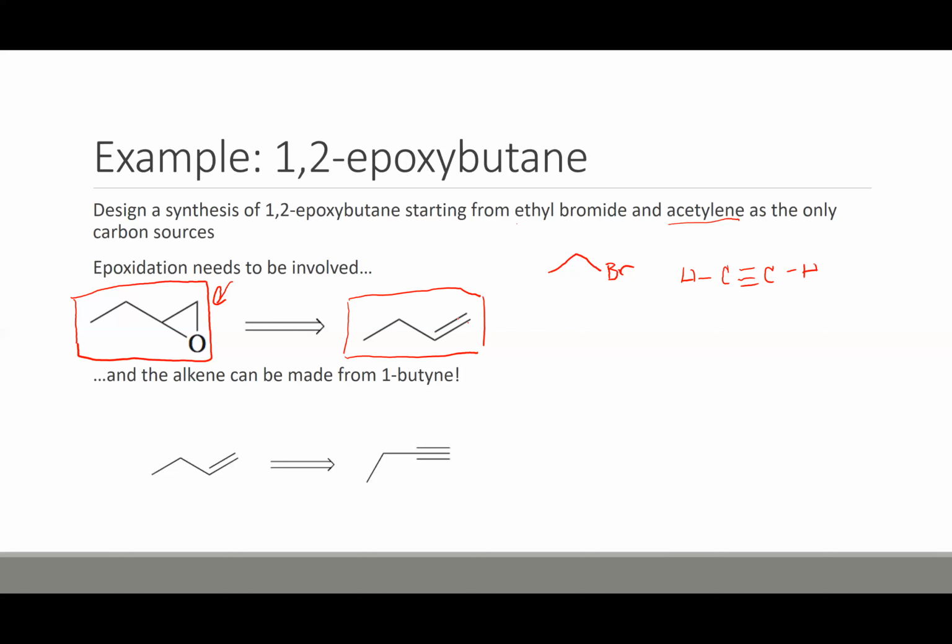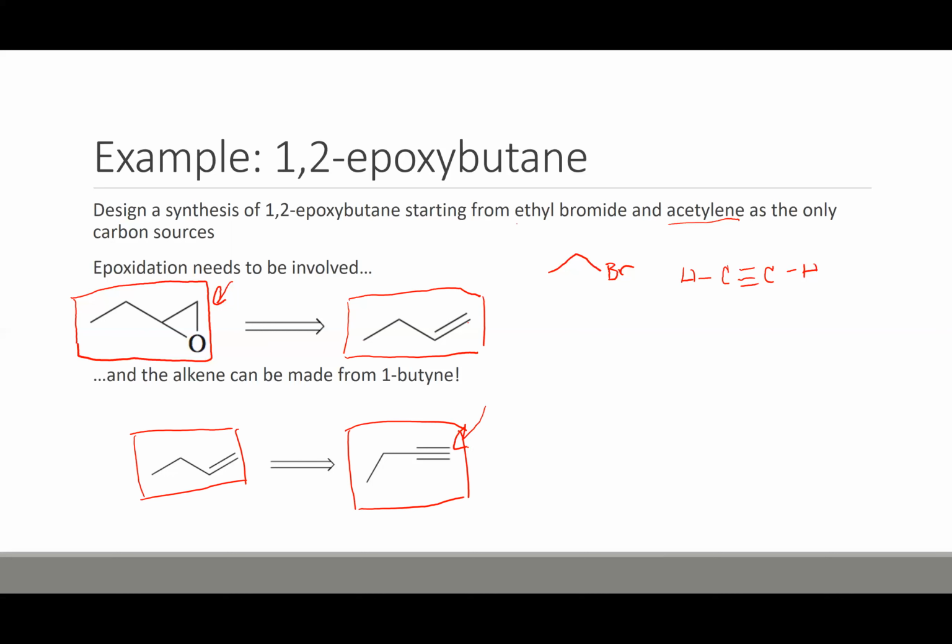Now, how do we get a double bond from a triple bond? We also know how to do that. We know how to go from a triple bond to a double bond. So we can make this double bond using a triple bond.